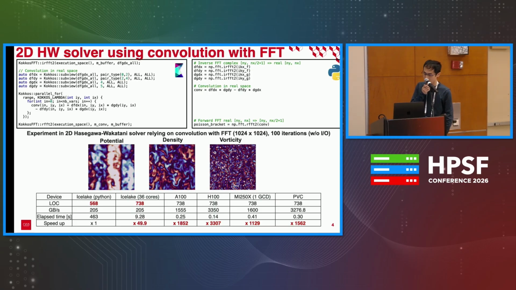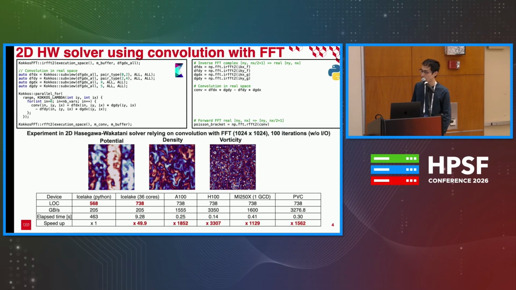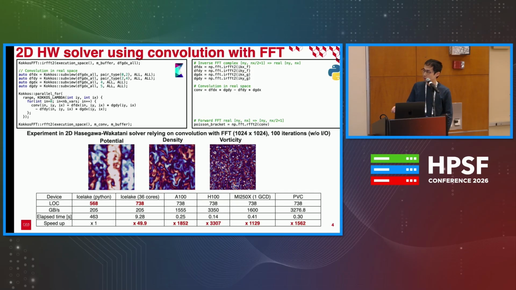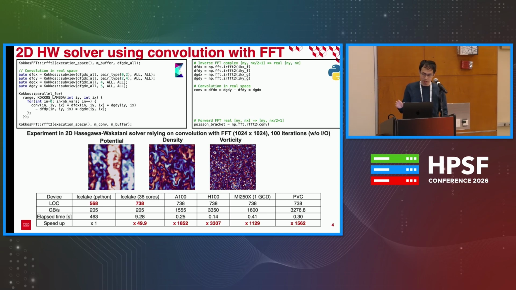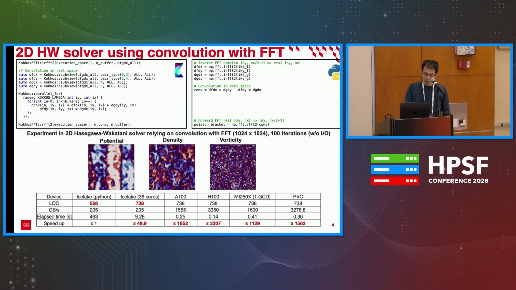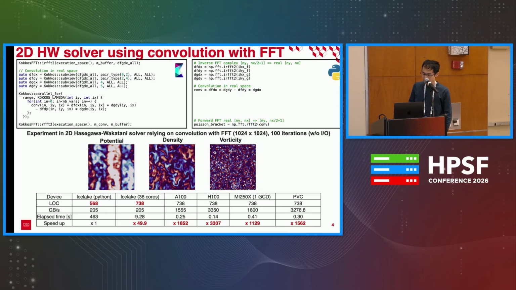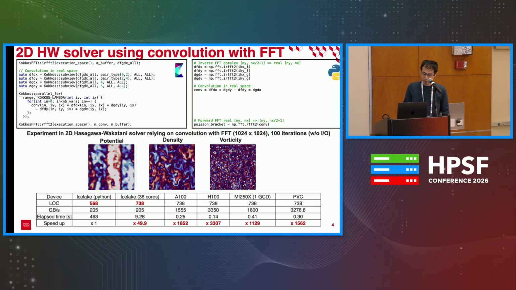One test case is solving the typical two-dimensional Gross-Pitaevskii equation using convolution with FFT. The top left snippet shows our implementation using Kokkos-FFT and Kokkos, and the top right is using Python. Of course, Python is simpler, but the lines of code are just 1.5 times longer compared to the original Python version, and it's not that complicated.